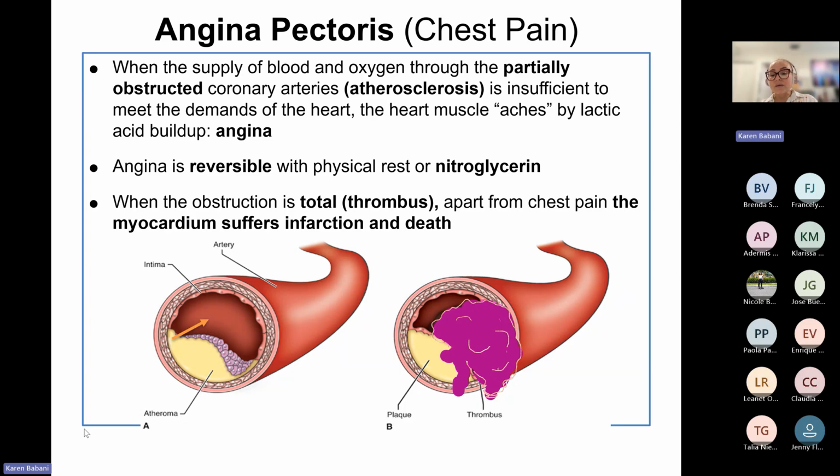The manifestation is pretty much the same as if the person's going to have a heart attack. They feel the chest pain, they feel the discomfort, they sometimes feel the pain substernal, like underneath here, just like a heart attack.